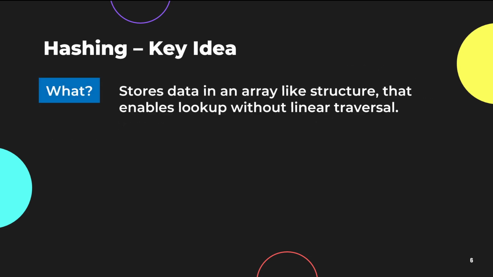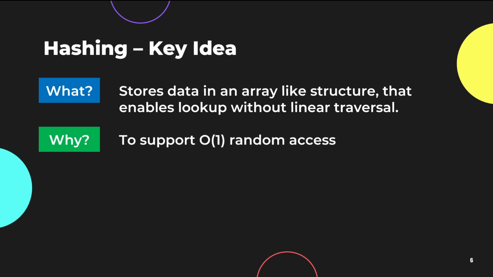Okay? So hashing is simply storing data in an array-like structure, but then we want to enable lookup without doing traversal. We don't want to traverse one by one to find the element, but we convert them into an index such that once I hash this to a specific index, I can just look up that index in the array. That is what hashing is about.